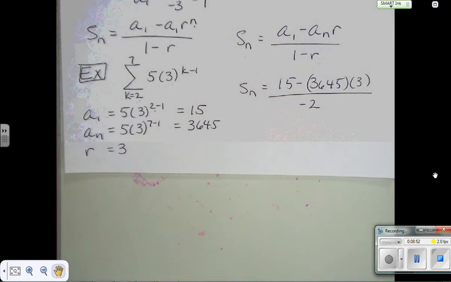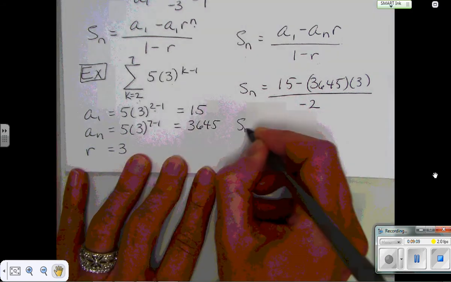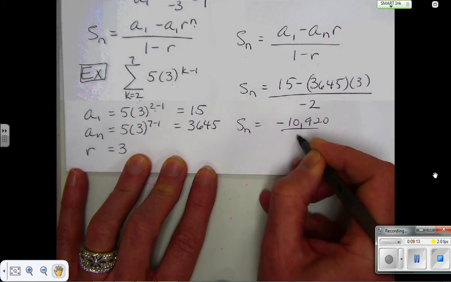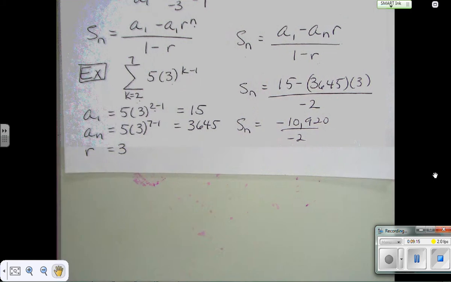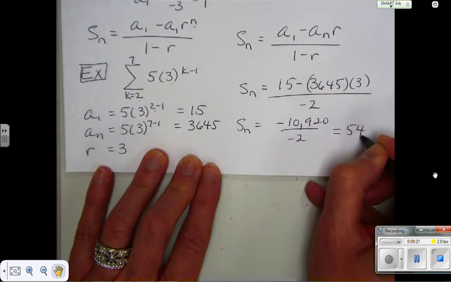So we need to work our calculations. 15 minus, I'm going to put parentheses because I'm going to multiply the 3,645 times 3. And what I have right now is negative 10,920, and that's divided by negative 2. So my answer is 5,460.